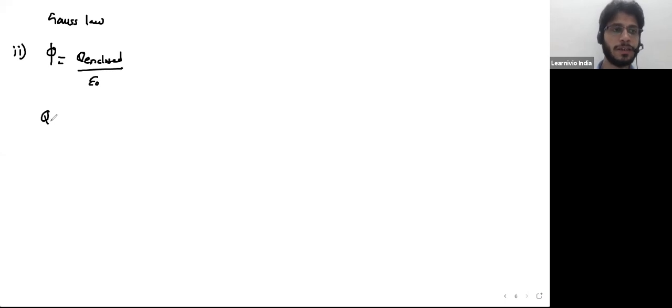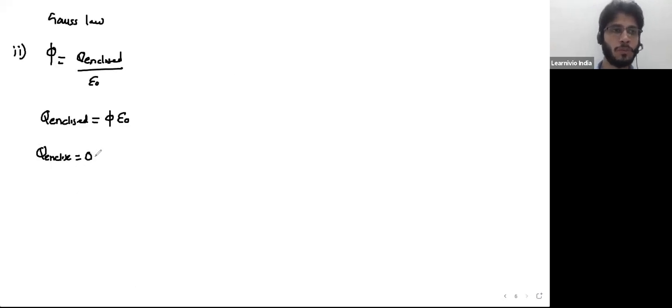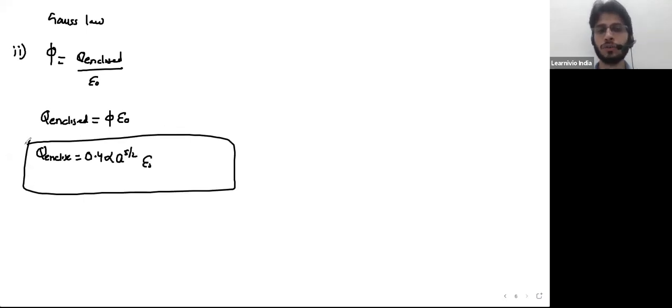So I can write that Q enclosed is flux multiplied by epsilon naught. So Q enclosed is flux, which is 0.4 alpha a to the power 5 by 2, into epsilon naught. This is the charge enclosed by the closed surface.